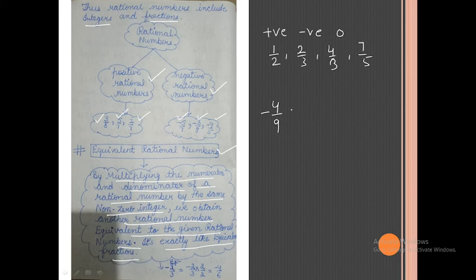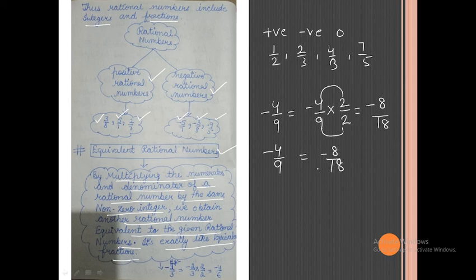Here I am taking numerator 2 and denominator also 2 and multiplying by the given rational number. 4 2s are 8 and 9 2s are 18. Now we can say that minus 4 by 9 is equal to minus 8 by 18, and this is the equivalent rational number of minus 4 by 9.